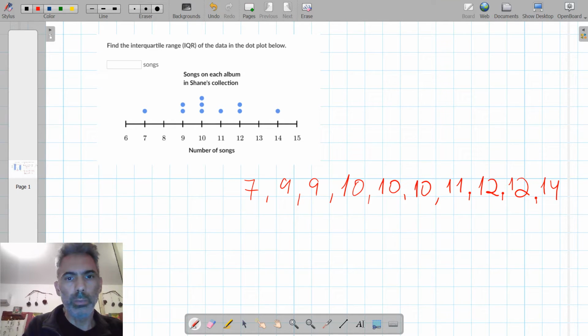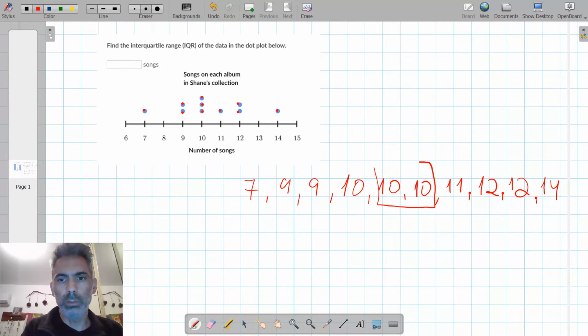And how many data points do we have? We have 1, 2, 3, 4, 5, 6, 7, 8, 9, 10 data points, which means 5 on each side.